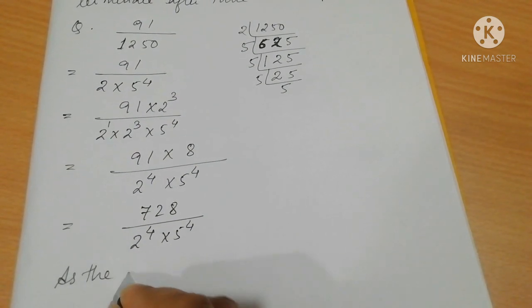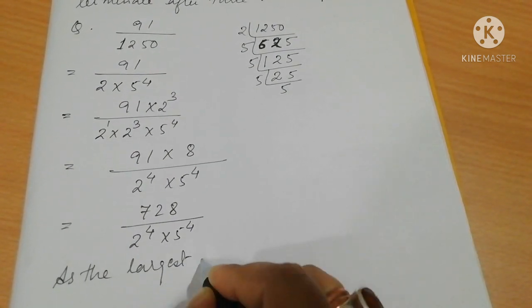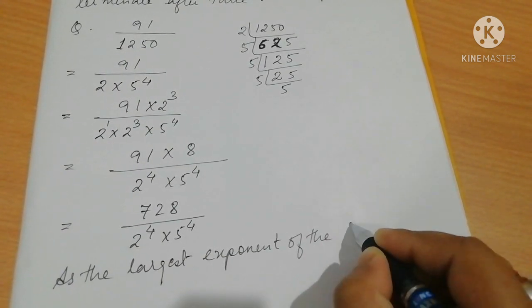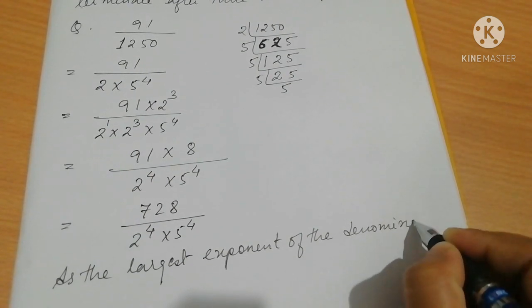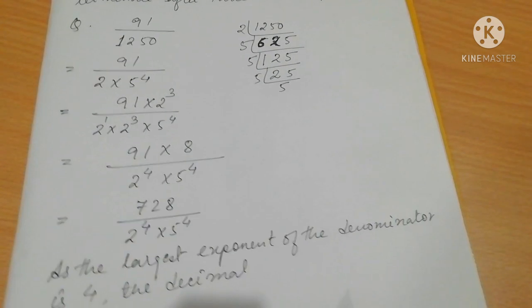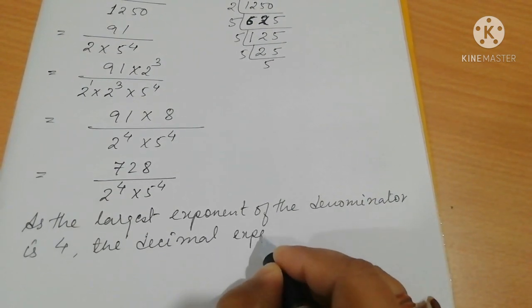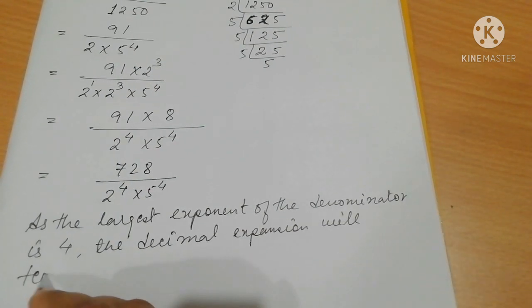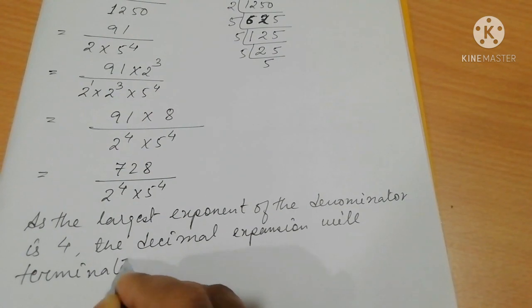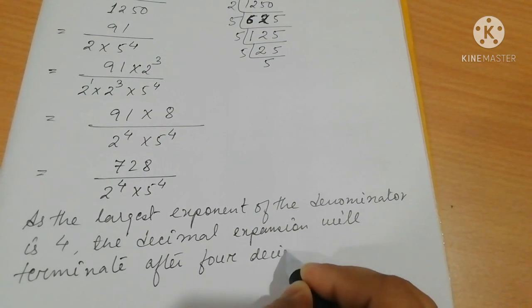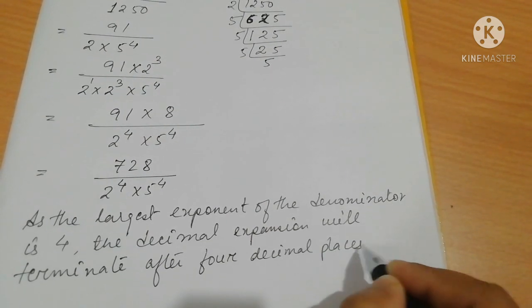So as the largest exponent of the denominator is 4, the decimal expansion will terminate after 4 decimal places.